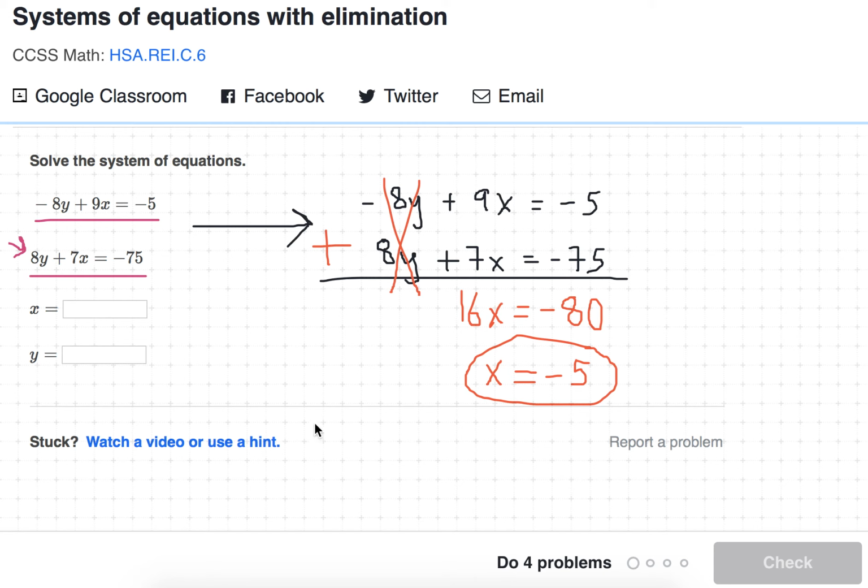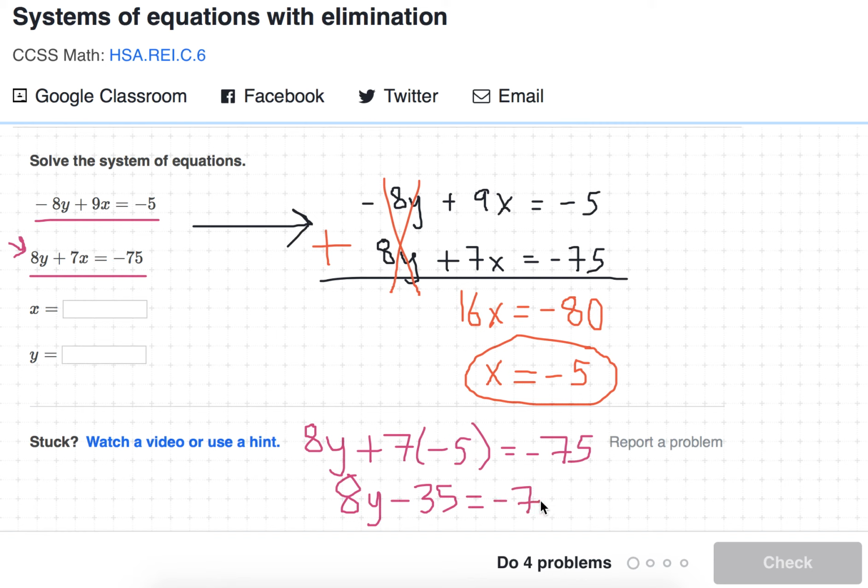And we get 8y plus 7 times negative 5 equals negative 75. And that gets us 8y minus 35 equals negative 75.